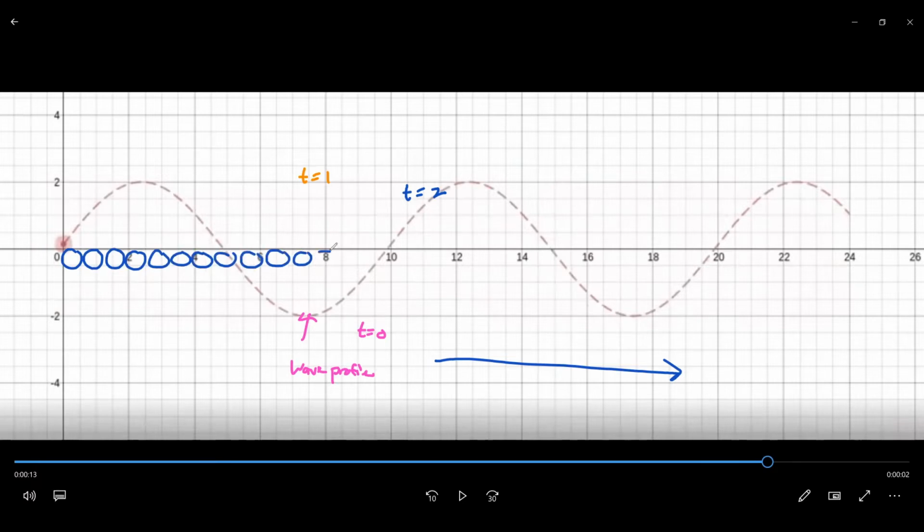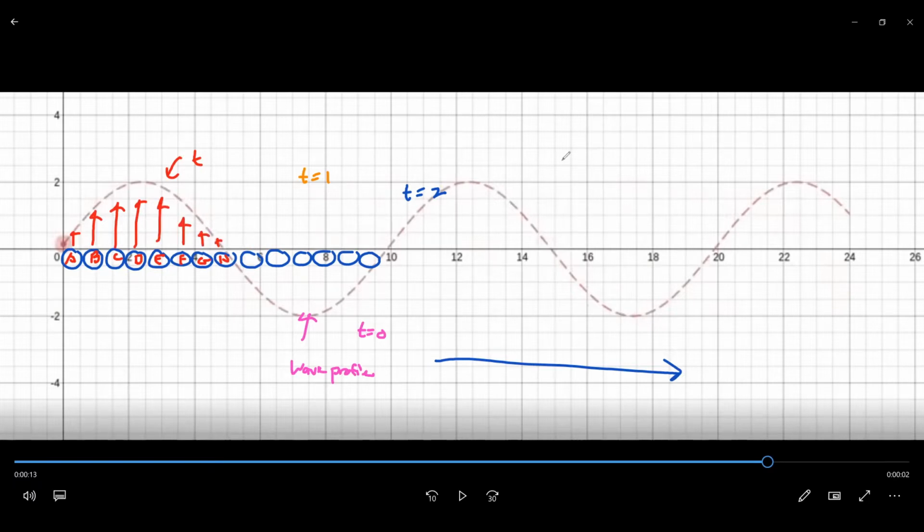But then when the wave has started to pass through, at some random time t here, all these individual particles A, B, C, D, E, F, G, H would displace according to the wave profile, right?